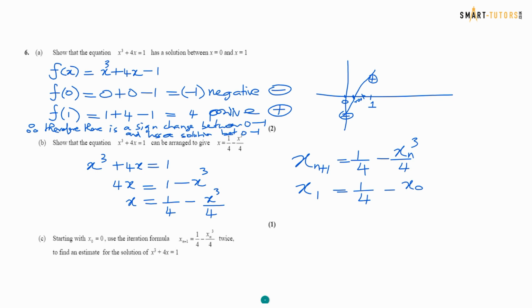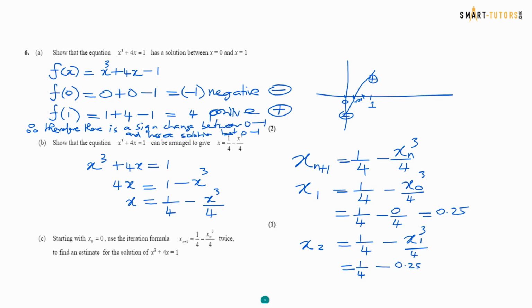If you put n equals 0, this becomes x0 cubed over 4, which is easy. 1/4 minus x0, which is given as 0, so 0 over 4 is 0, giving 0.25, which is a quarter. For x2, you want quarter minus x1 cubed over 4, which is quarter minus 0.25 cubed over 4.